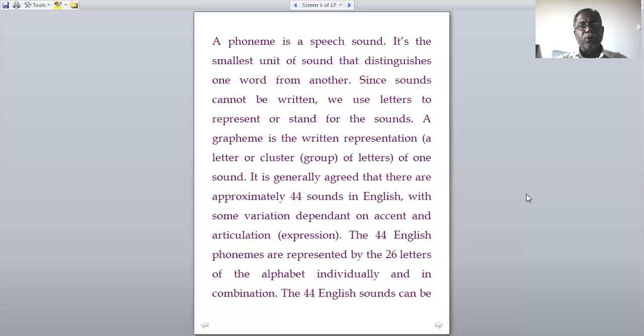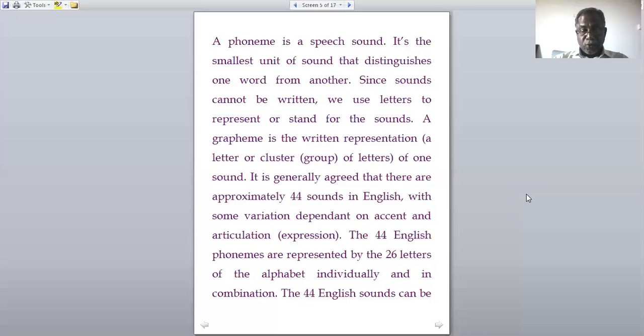When you speak, when you articulate, these sounds may vary. But in general, there are 44 sounds in English. The 44 English phonemes are represented by the 26 letters of the alphabet individually and in combination. There are 44 sounds in English, whereas only 26 alphabetical letters.